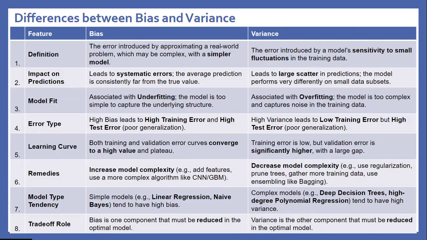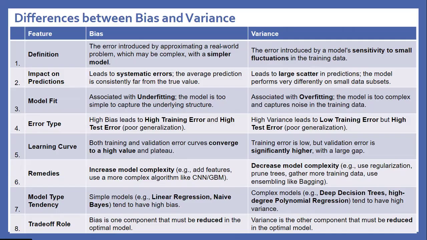Remedies: bias, increase model complexity. Example, add features, use a more complex algorithm like CNN, GBM. Variance, decrease model complexity. Example, use regularization, prune trees, gather more training data, use ensembling like bagging. Model type tendency: bias, simple models, example linear regression, tend to have high bias.